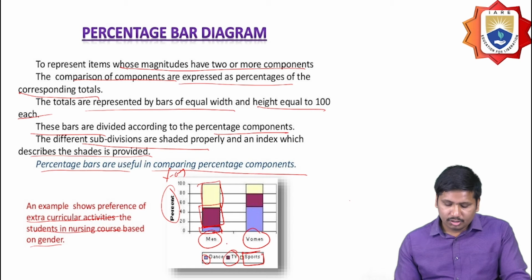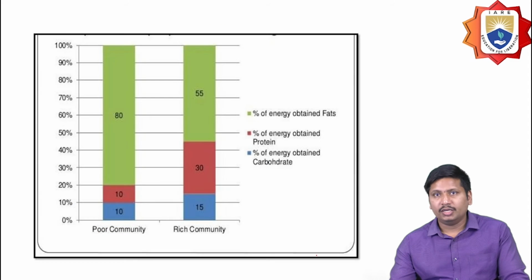The number of men interested in dance should be around 5, TV around 45, and sports, not 100, 55. Like this I can represent the percentage bar diagram.